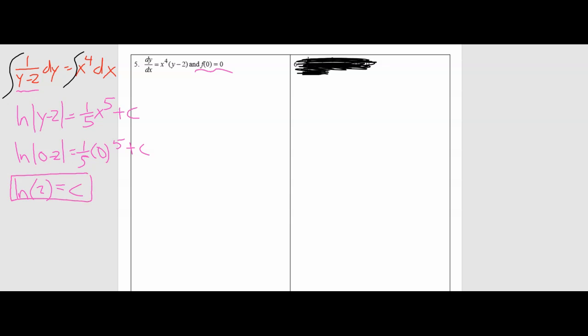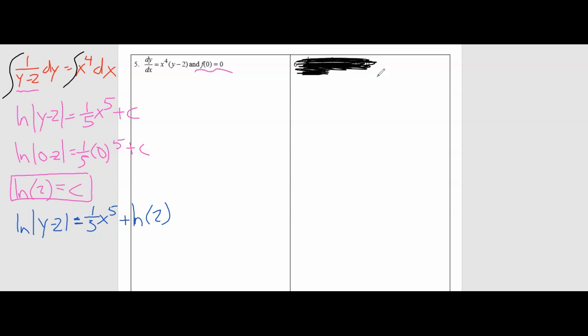So c is equal to the natural log of 2. Well, let's go ahead and substitute that back into our general solution. So I get natural log of the absolute value of y minus 2 is equal to 1/5 x to the power of 5 plus the natural log of 2.